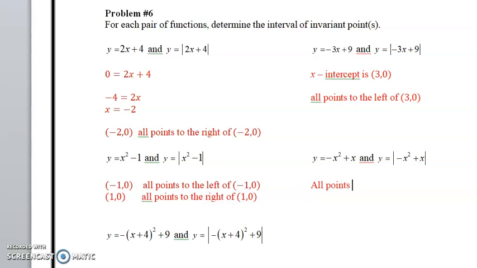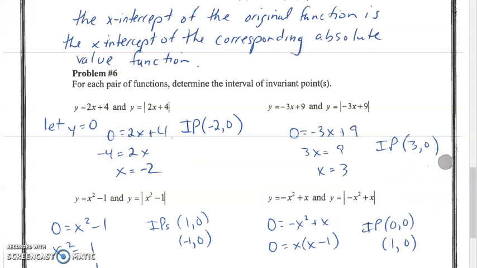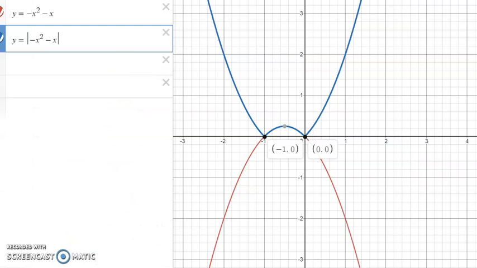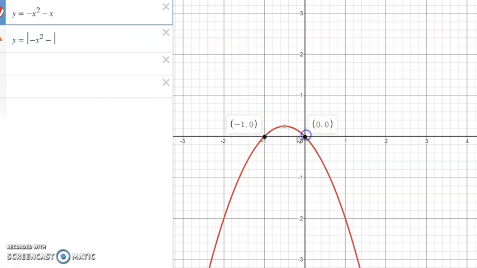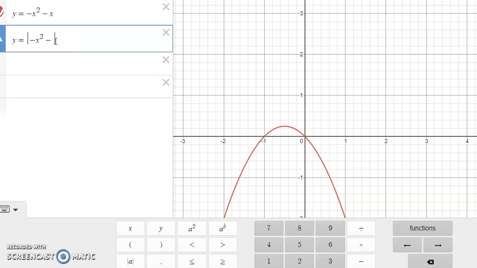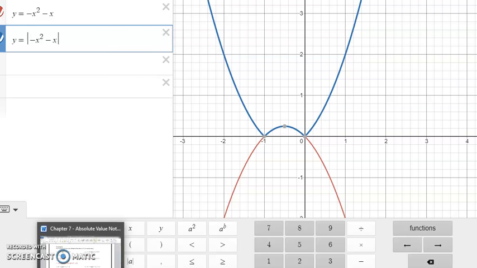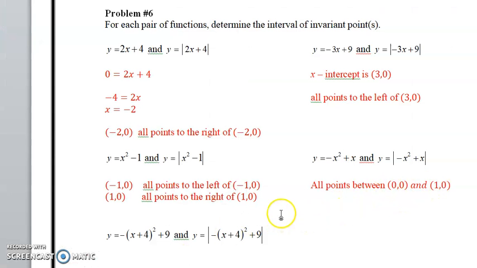All points between 0, 0 and 1, 0. If you take the blue graph away for a second, go from here to here, and then once we put in the second function as the absolute value, the overlap is what we're looking for, or all the invariant points. So all points between them.